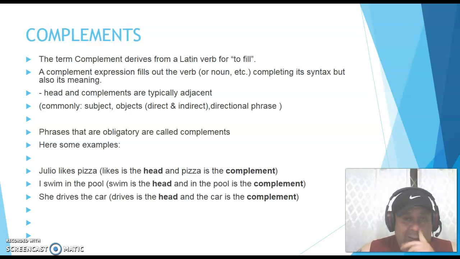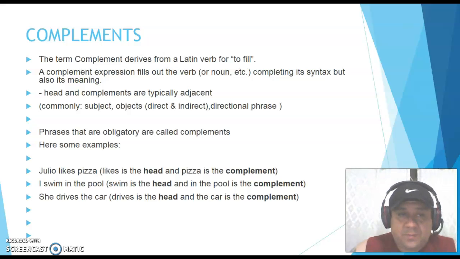The complements. The term complement derives from the Latin verb to fill. That means that the complement expression fills out the verb or noun, completing its syntax but also its meaning.